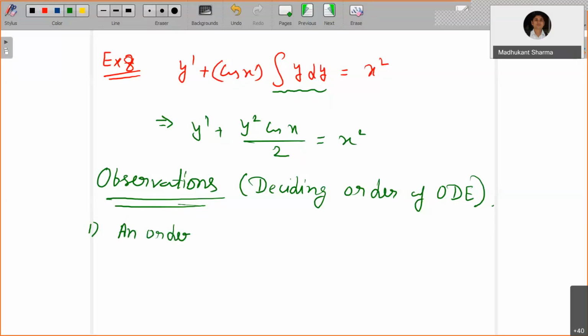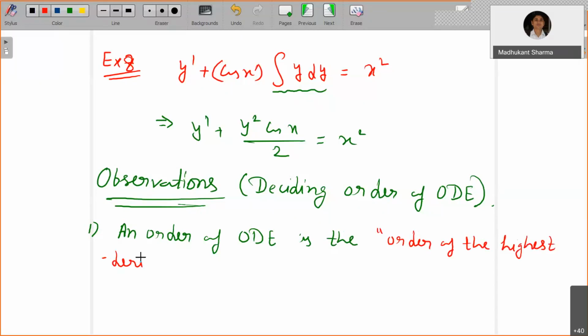The order of an ODE is the order of the highest derivative present in the ODE.